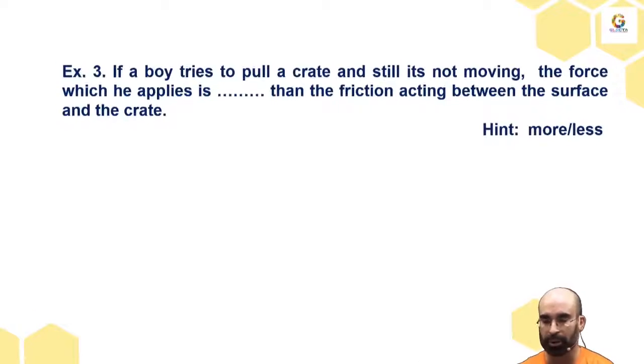What could be the answer? Okay. So the answer is the force which he applies is less than the friction acting between the surface and the crate. So these were important examples of Newton's first law.